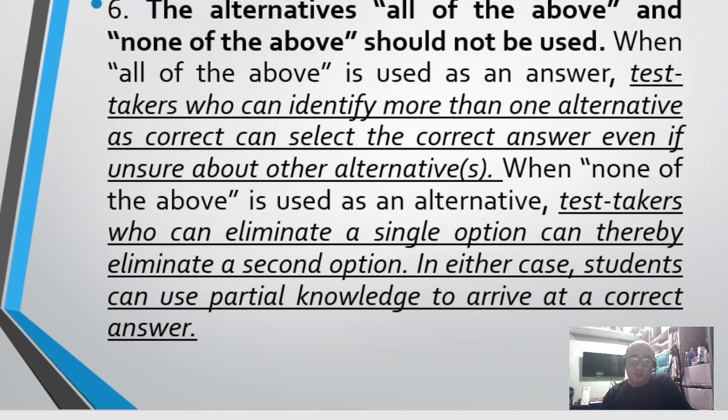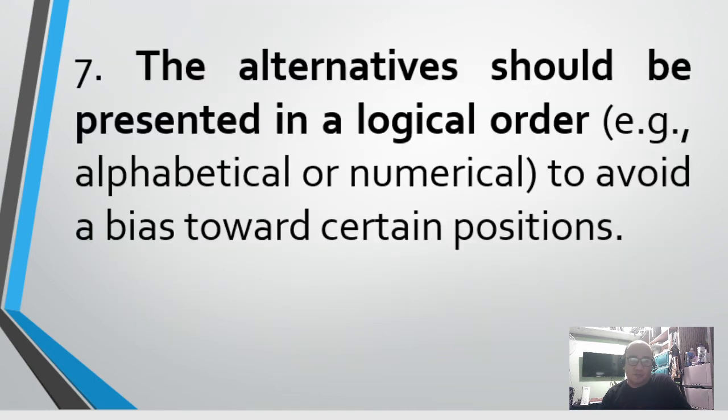In either case, students can use partial knowledge to arrive at the correct answer. So we must refrain from using these, usually found as the last option. So it is not proper to use all of the above and none of the above as an alternative in MCQ types of questions.